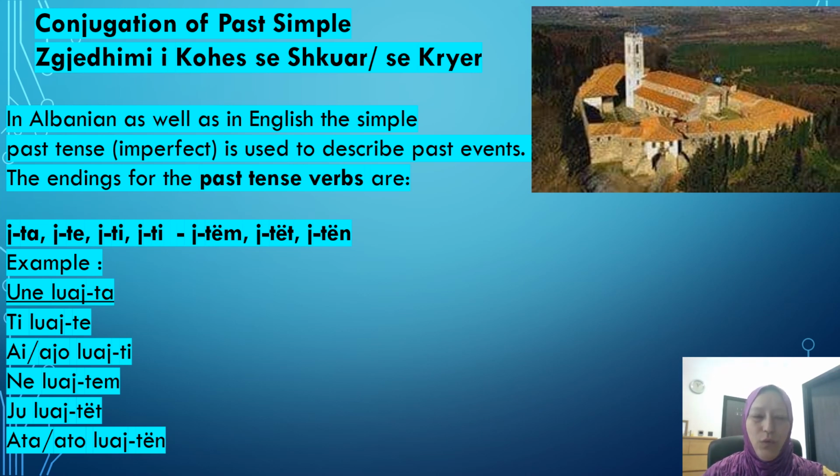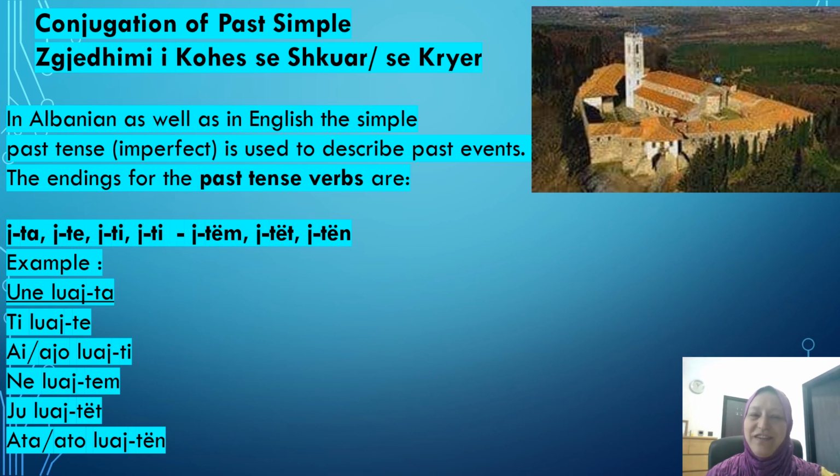So you'll say on, which is I, luaita. Luaj refers to play. So luaita is played in the past. Ti, you, luaite, which is again you, played.